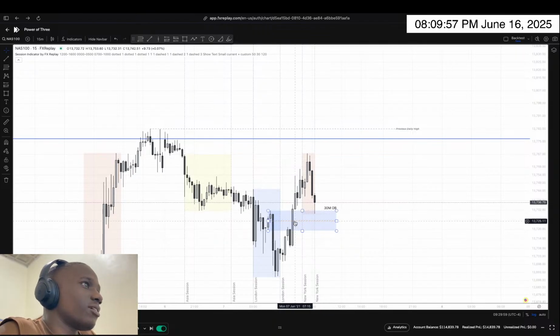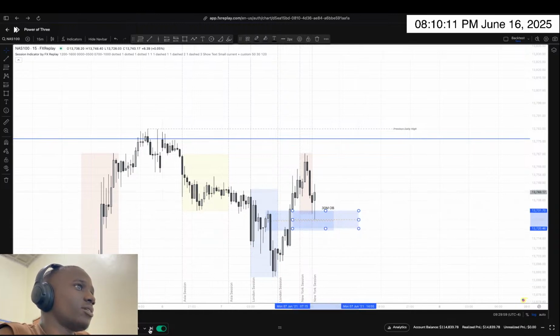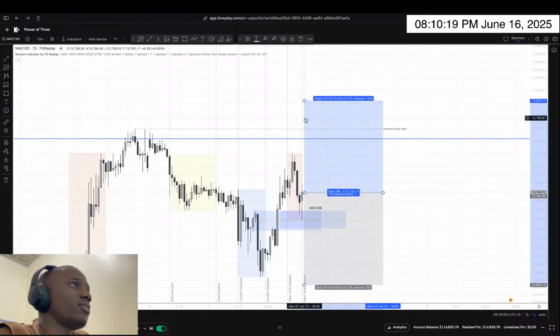Wow. So which means to have buys. First off, you can see that we have this breaker, we have this fair value gap, and I think we've already reached the midpoint of the fair value gap as well. From here to here, you can see that the fair value gap has been respected, and we even drop even further. So we're a bit late to the entry, but I think we can have a long, targeting the previous day high as our drawn liquidity.